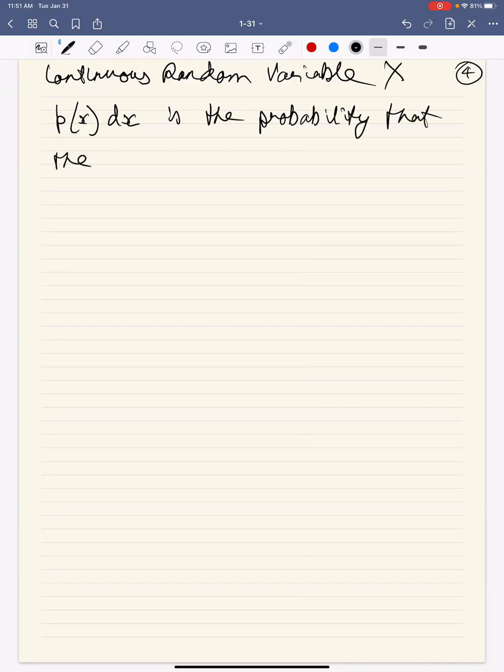So for a continuous random variable, we can again define a probability density, but now we define it as P of x multiplied by dx is the probability that the random variable x lies between x and x plus dx.